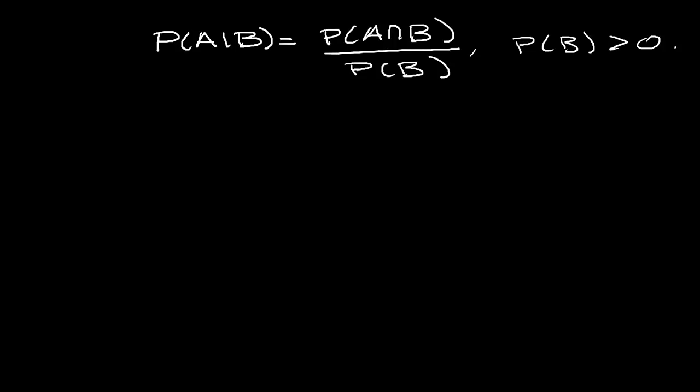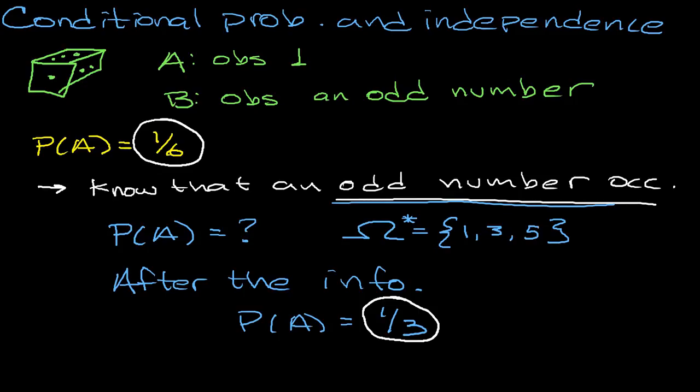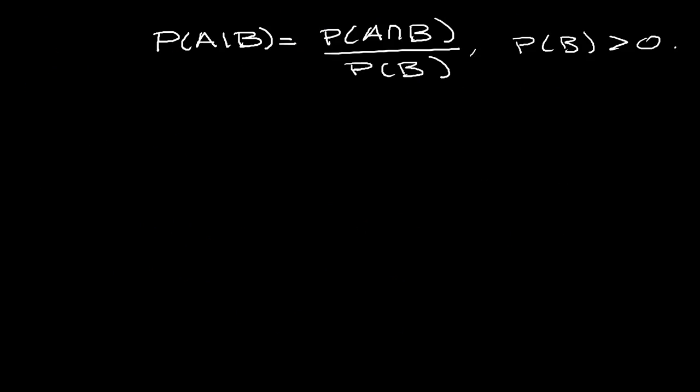So again, how about if we solve the same exercise, but now using the actual definition? Well, we know that the event A was the event of observing a 1. We know that the event B is the event of observing an odd number.